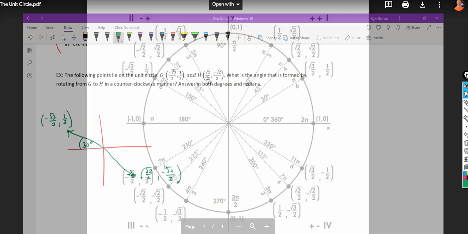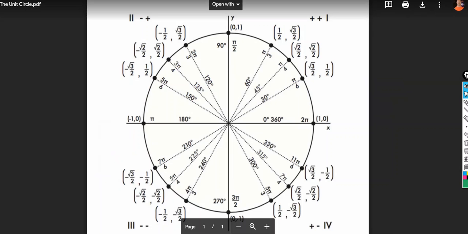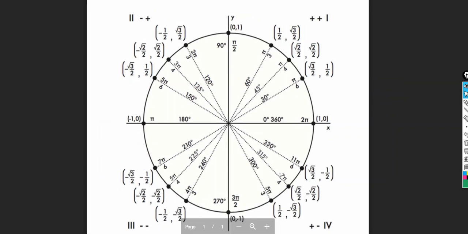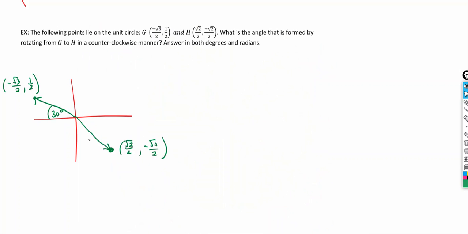And then again, on my unit circle, if I'm looking at this one here at 315 or 7 pi over 4, because that's where we have root 2 over 2 and negative root 2 over 2, well, that would be 45 degrees from there to there. And then this is 90 degrees.